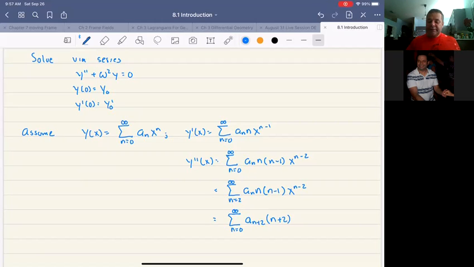Similarly, this term, when n equals 2, is going to be 1, so I'm just going to put in n plus 1. And now I can write x to the n. So far, okay. So this is my expression for y double prime of x.